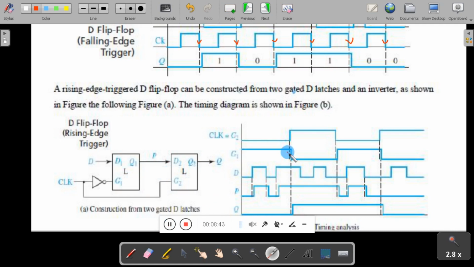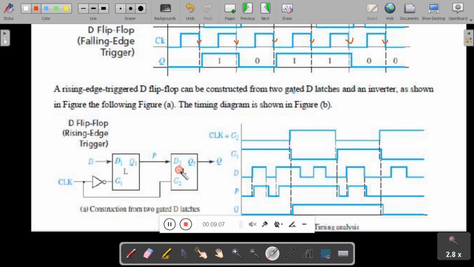So students, here you can see the timing waveform. As I explained, when clock is 0, G1 becomes high. Here you can see G1 becomes high. G2, because clock is 0, becomes 0.